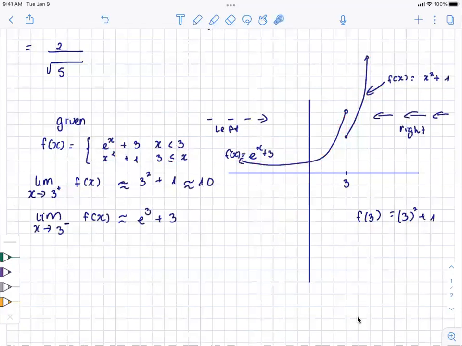I know that f of 3 does not use this equation, but it's approaching a number close to 3. For example, 2.2222222, because we're doing from the left, right? 2.999999999 is approximately 3, right? So we're looking at this function. So this is when it goes to the left. If that makes sense.